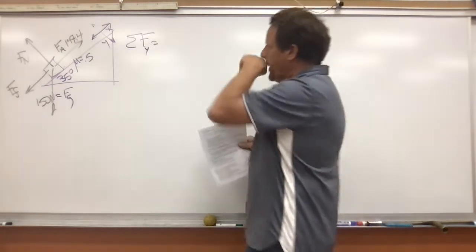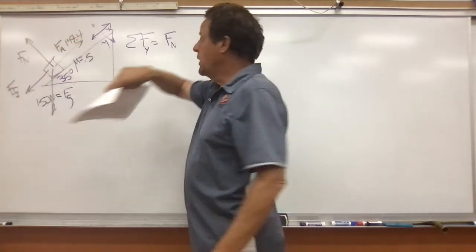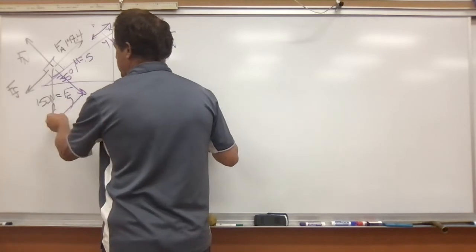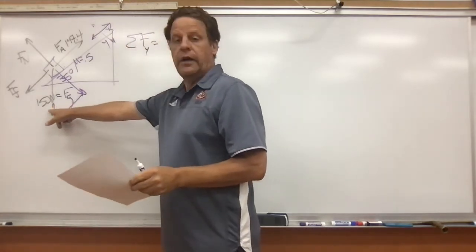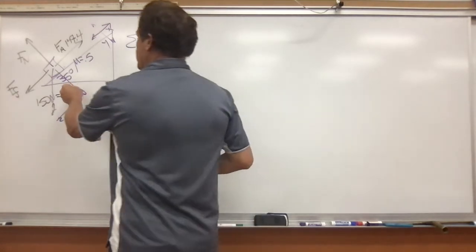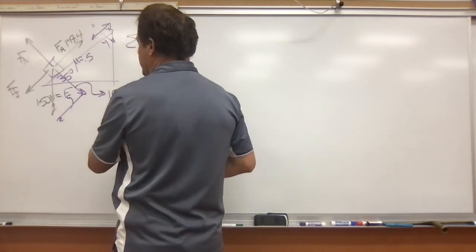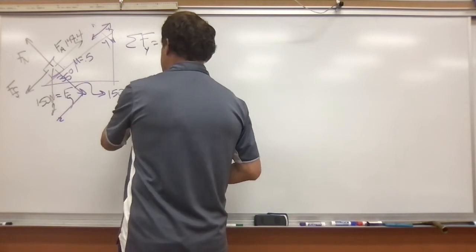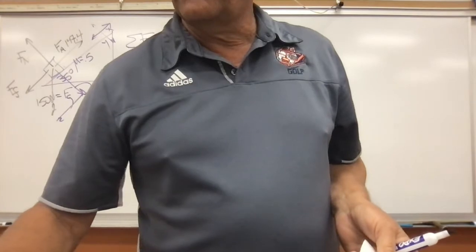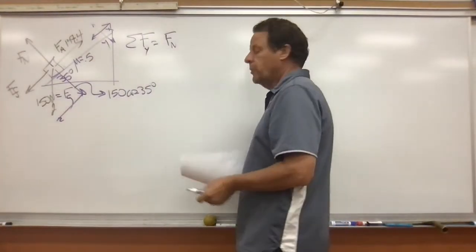All right, so we don't know our force normal, but that's going to be going in the positive direction. What's going to go in the opposite direction is the component of the weight, this one right here, which is going to be 150 cosine 35. 150 cosine 35 gives us 122.87.